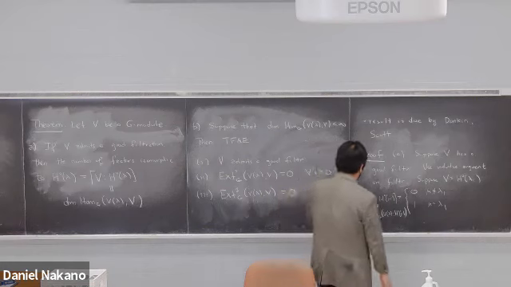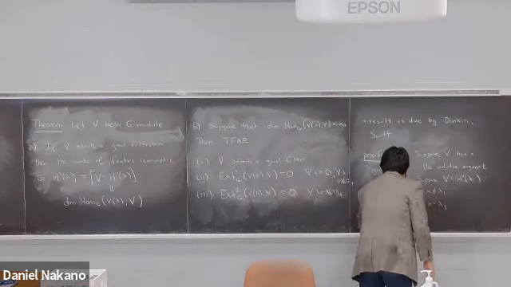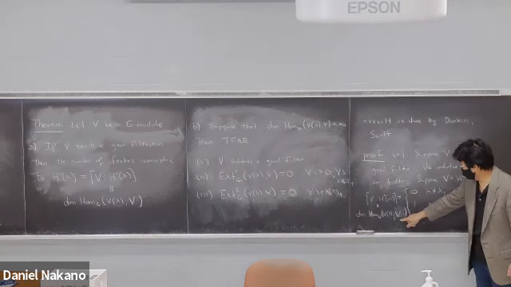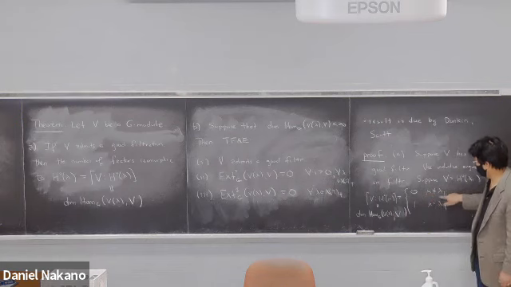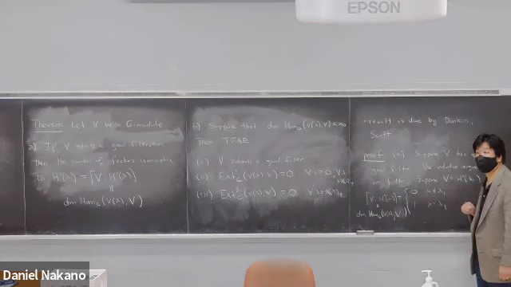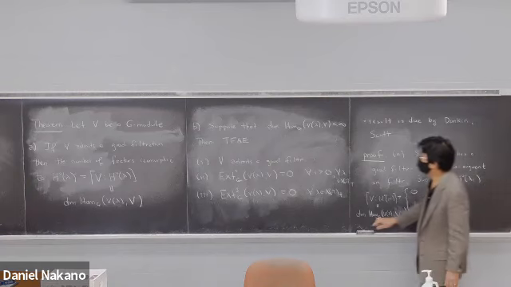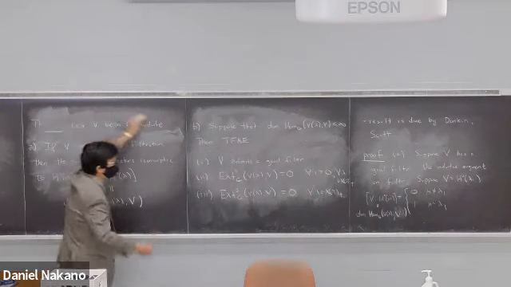Sorry, this should be a V. So when V is equal to H0 lambda 1, this is going to be 0 when mu is not lambda 1 and 1 when mu is equal to lambda 1.